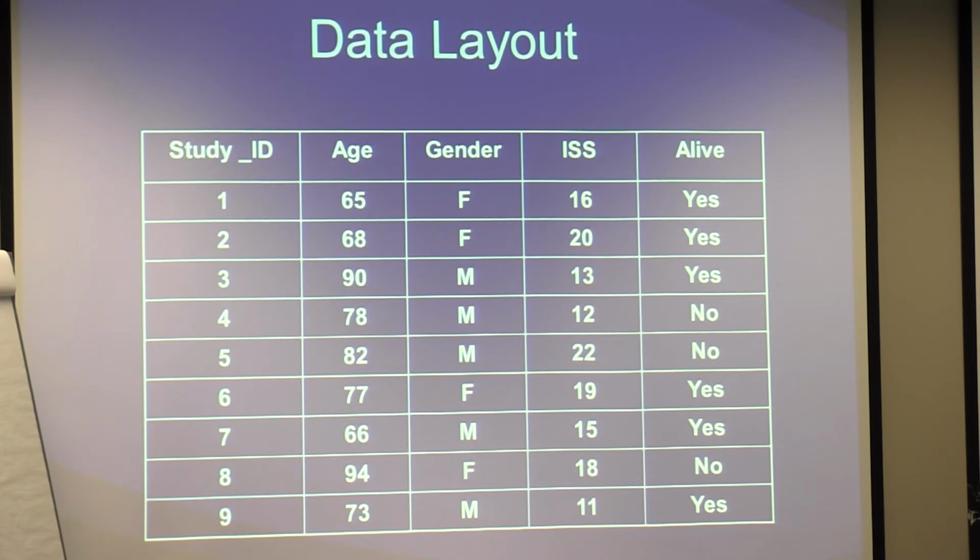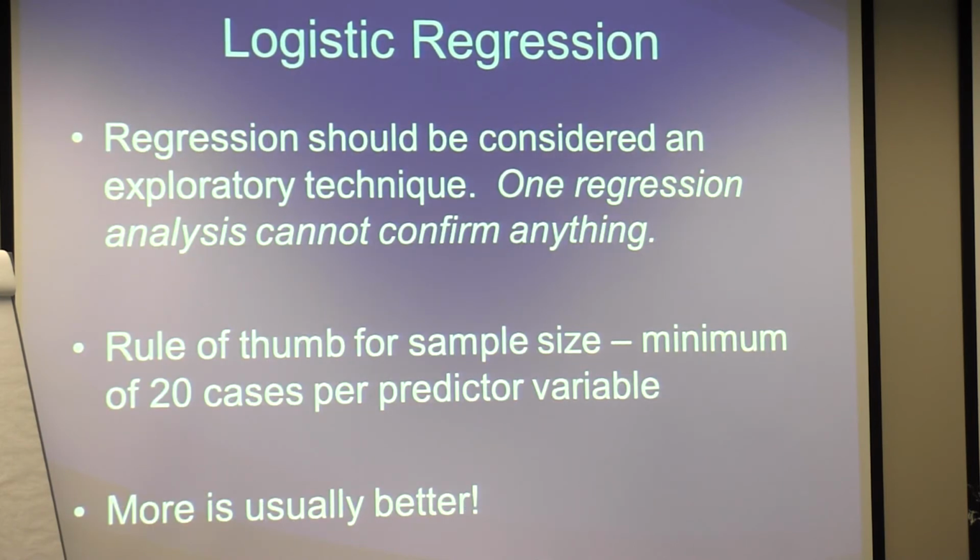There are times when you really don't have a good idea of what causes something or what would predict something. I've had people say, well, I have 20 variables that I want to consider here because I just really don't know. There's no theoretical basis for what's going on, and so they have a lot of things to explore.